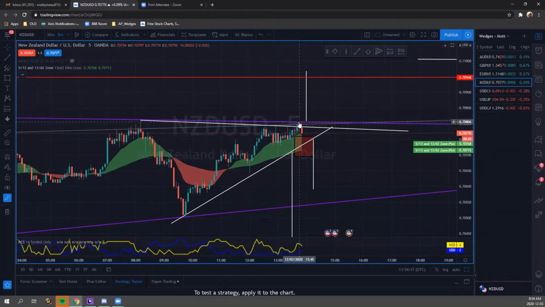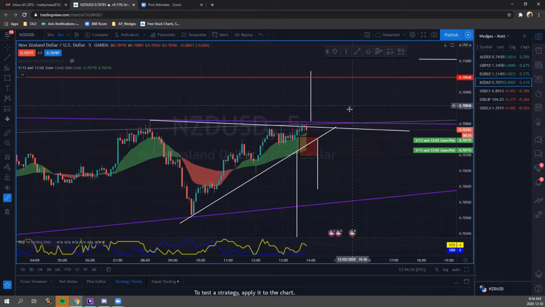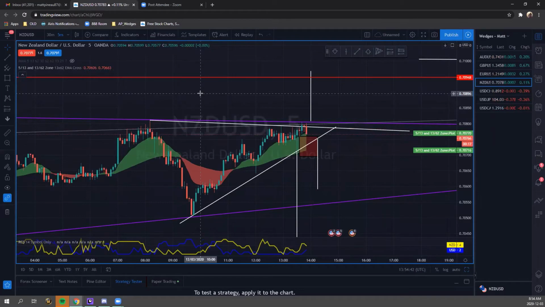Here it's a rejection, so this is going to be a 15-minute candle rejection. That's a good sign. And I think I might like it short. But let's see. I'm not pinning myself to one thing yet.